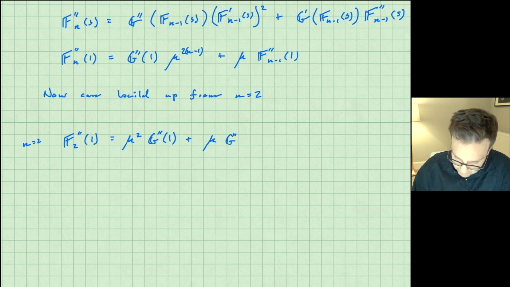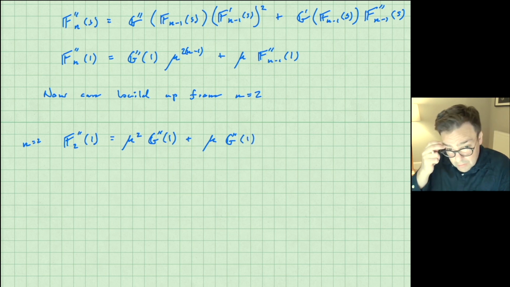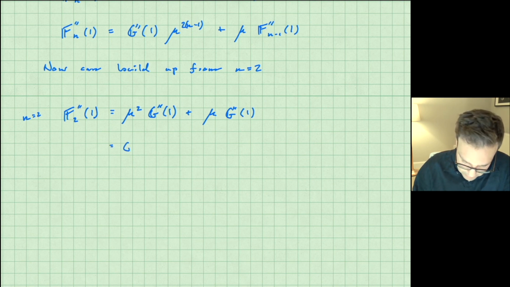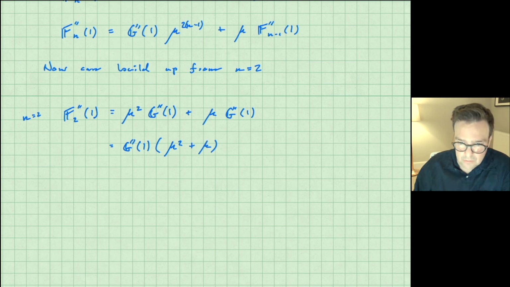This is the whole reason for starting from n equals 2. So in other words, this is equal to g double prime of 1 times the quantity mu squared plus mu. And that's the result for that one.